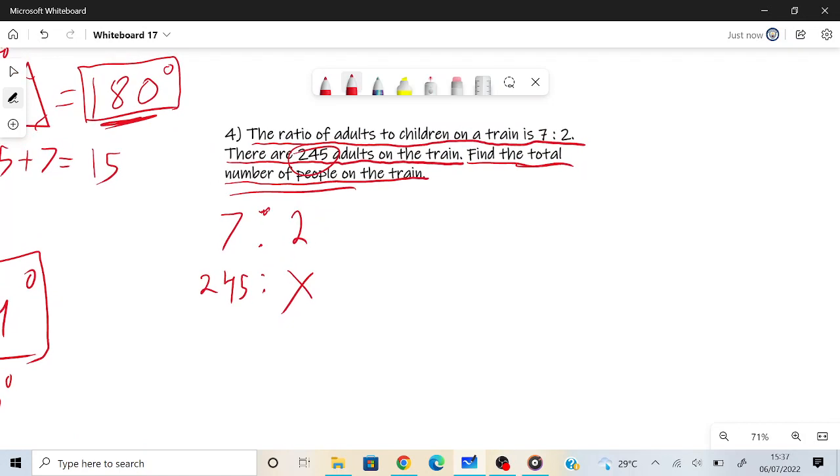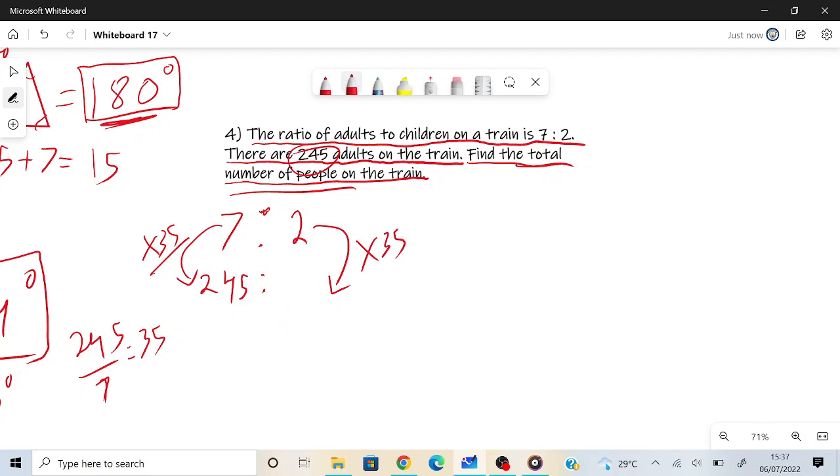Now we need to see what we did to 7 to get 245. So to get 245 from 7, we simply times it by 35. If you're unsure how I got that, I just did 245 divided by 7 and I got 35. So we would do the same with 2. Times 2 by 35, and timesing 2 by 35, I would have 70.